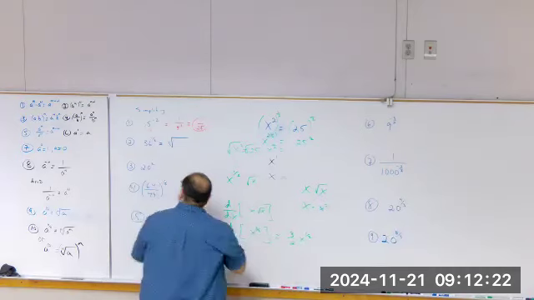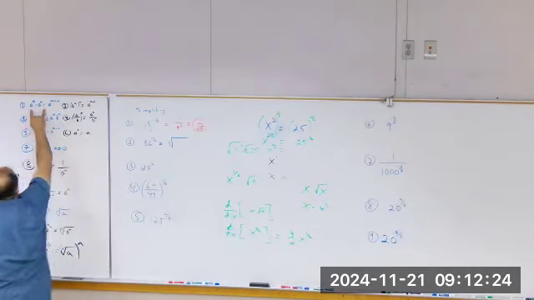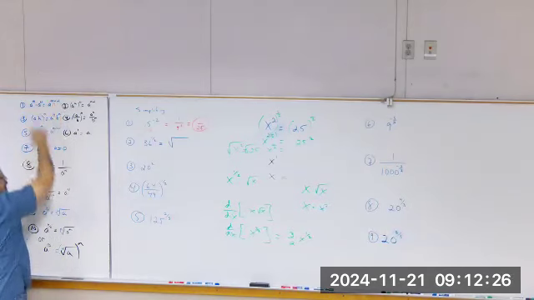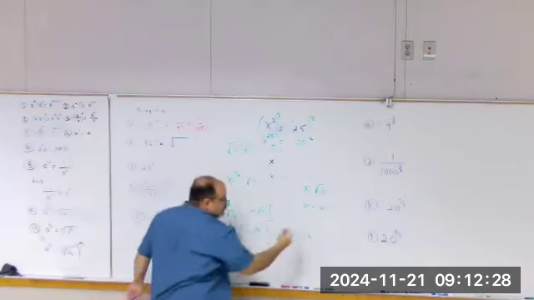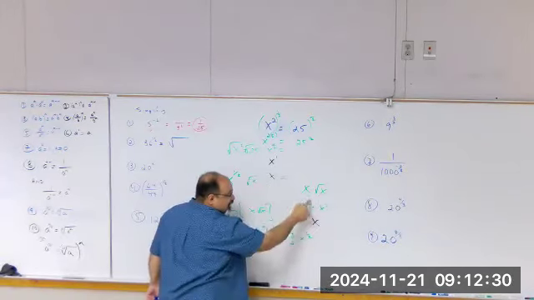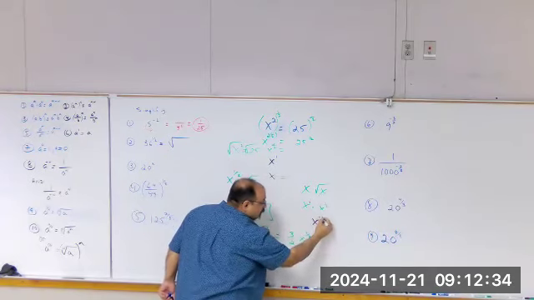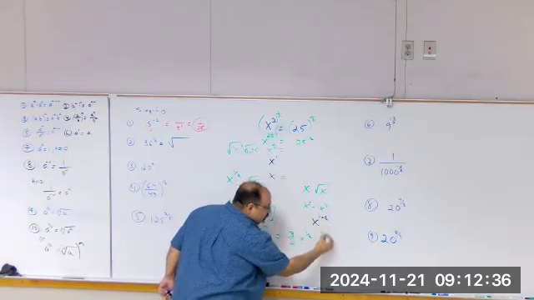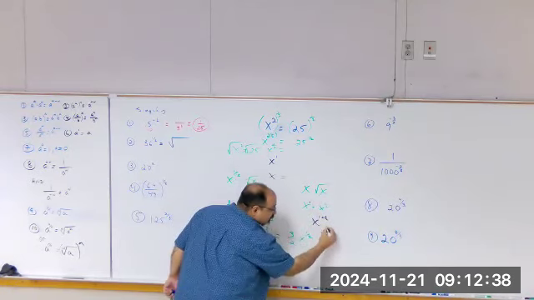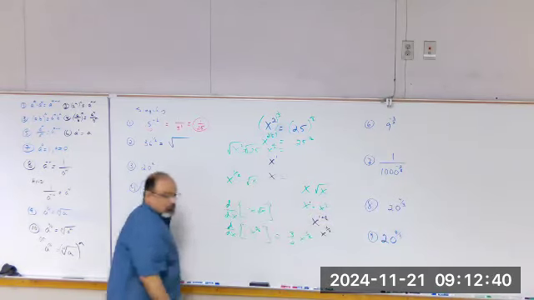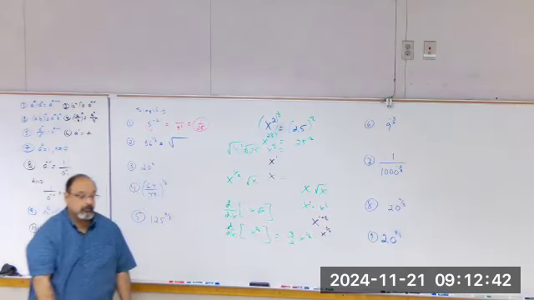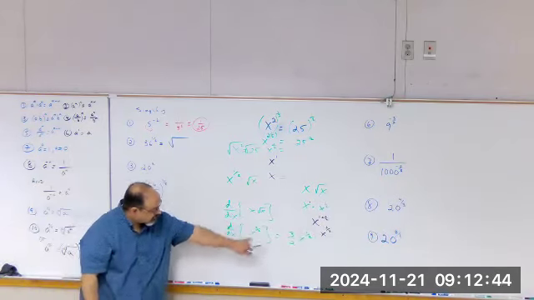And when we multiply, rule number 1, when I multiply the same base, I add the powers. So this is x to the 1 plus 1/2, and 1 plus 1/2 is 3/2. That's how I converted this into this.